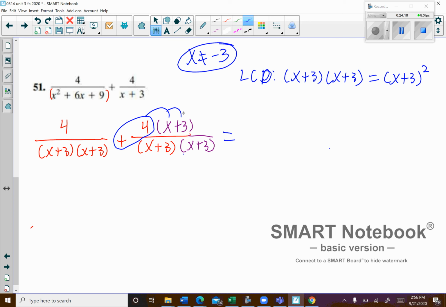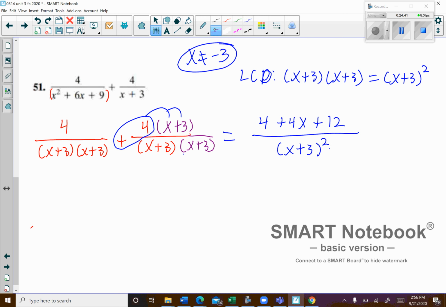Distribute that plus 4. I still have that 4 just sitting here, so don't forget about that one. So 4 plus 4x plus, let's see, what is that, a 12? And then all over my LCD, which this time I'll go ahead and write as x plus 3 squared. If you want to keep it separate, that's fine, not a big deal.